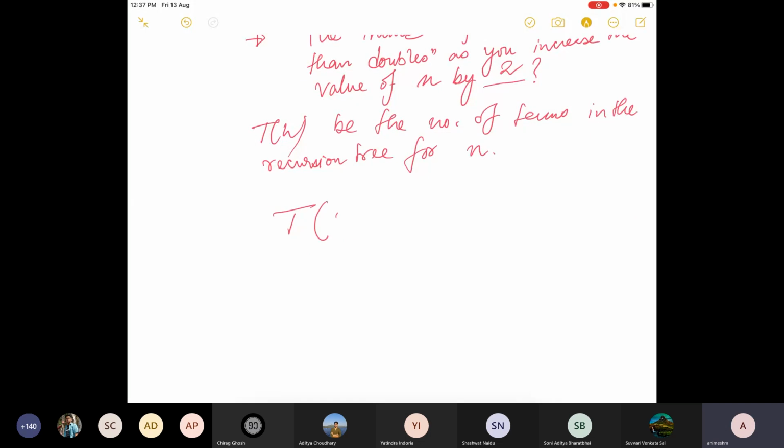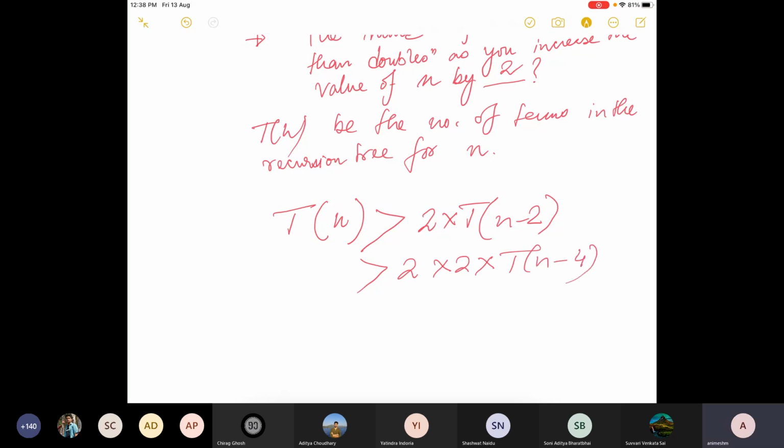Therefore, I can say that Tn should be greater than what? Given the previous premise that we have just now written. 2 into T of n minus 2. Okay. Am I correct? Can I write this? Yes, sir.